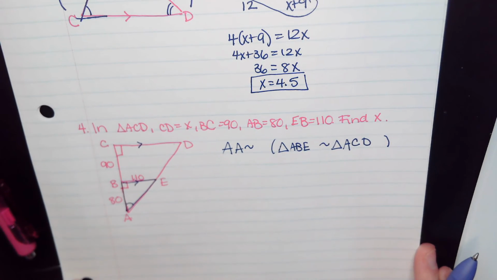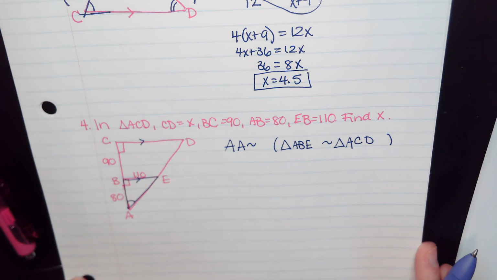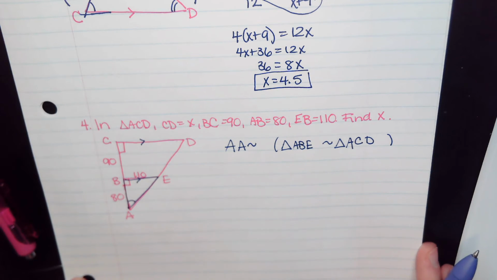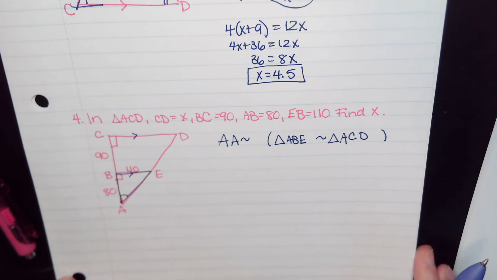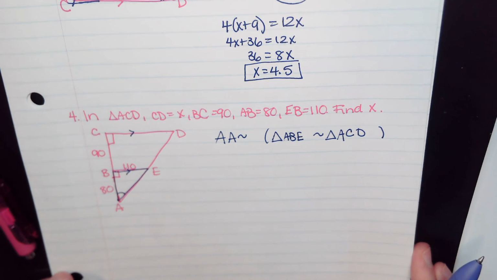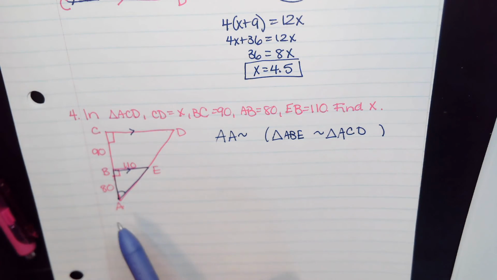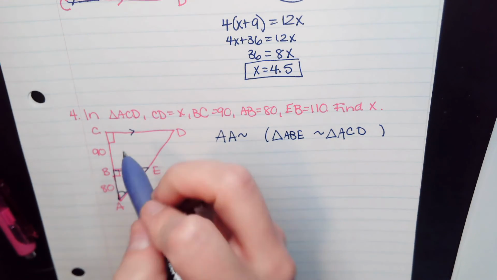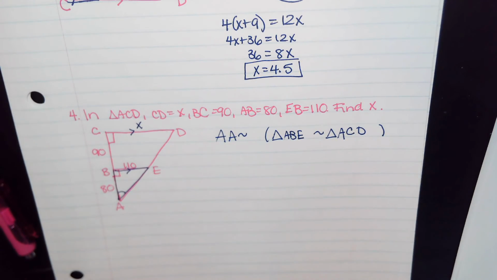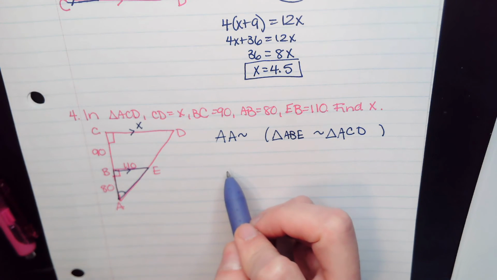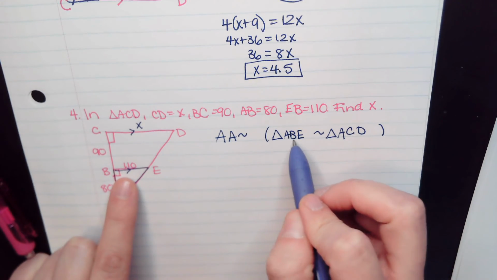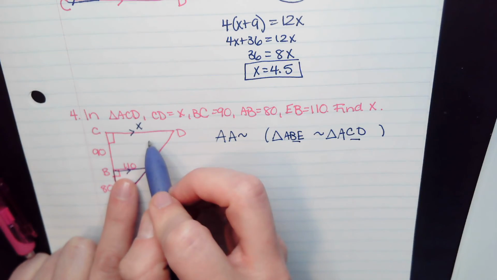All right, now is a good time to pause your video and to set up your proportion here. So again, your corresponding sides need to be in proportion. So just like we did on the last one, find the corresponding sides and set up your proportion. All right, so for this one, we know that side BE should correspond to side CD.